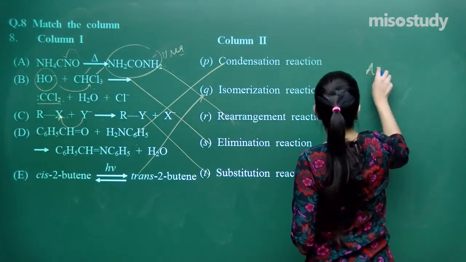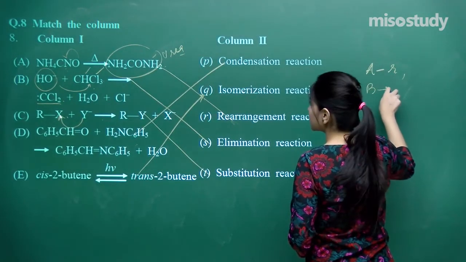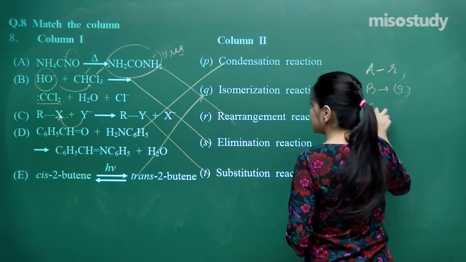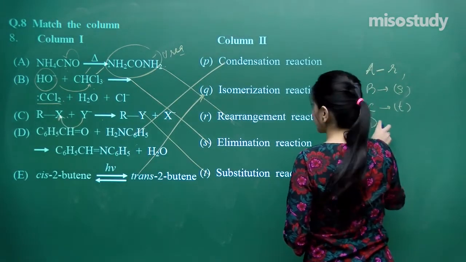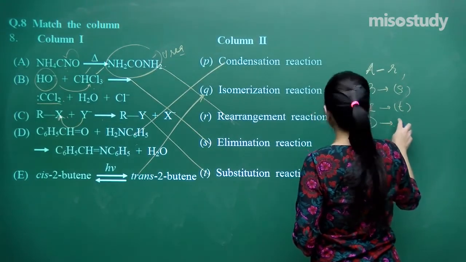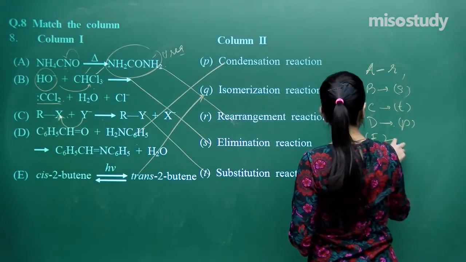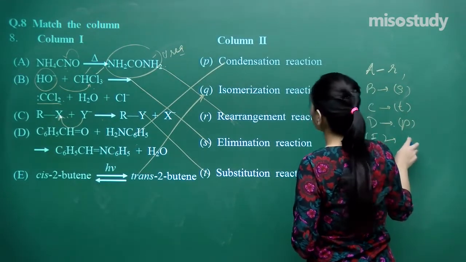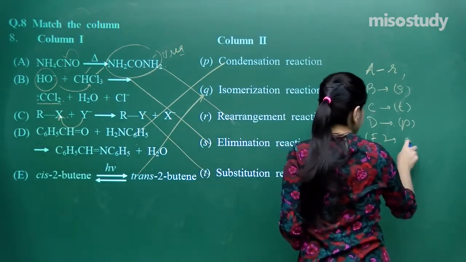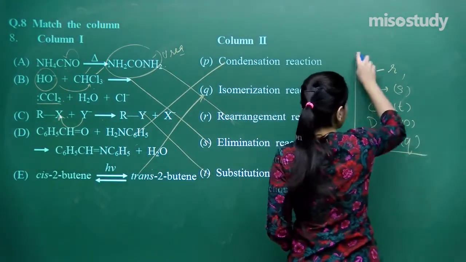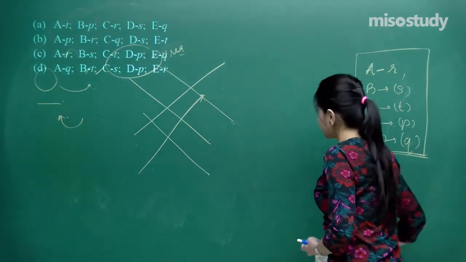So A corresponds to R, B corresponds to S, C corresponds to T, D corresponds to P, and E corresponds to Q. So that means we have got the set of answers over here, and let me just match it.